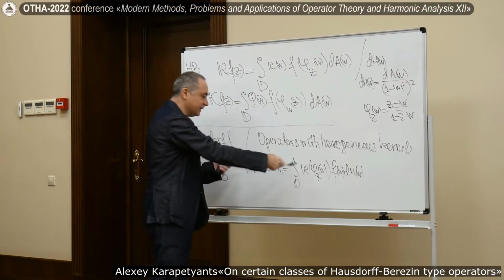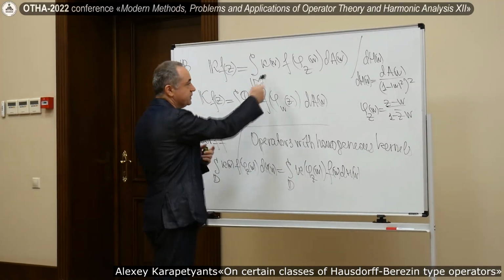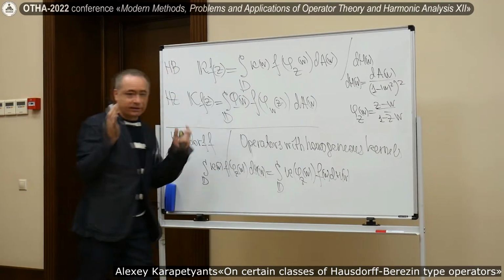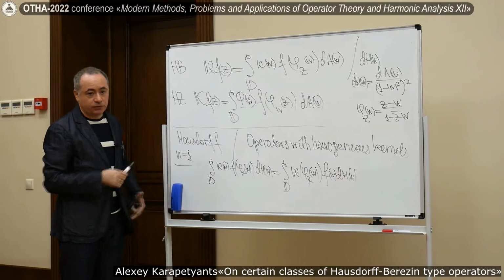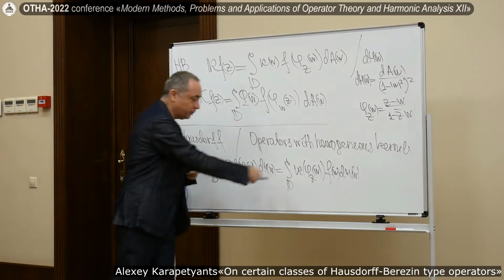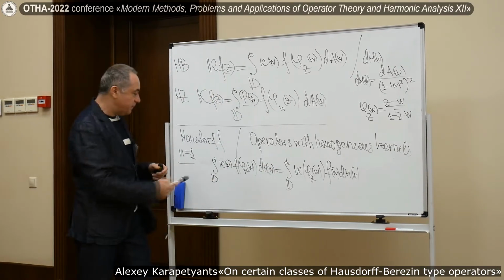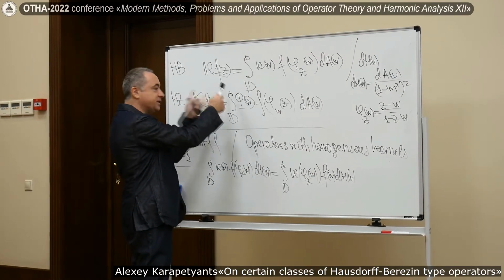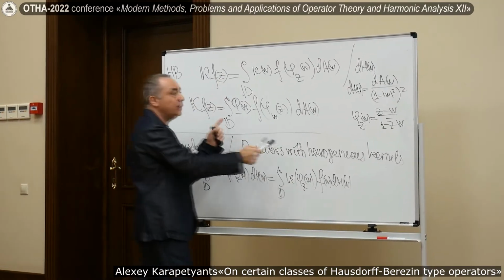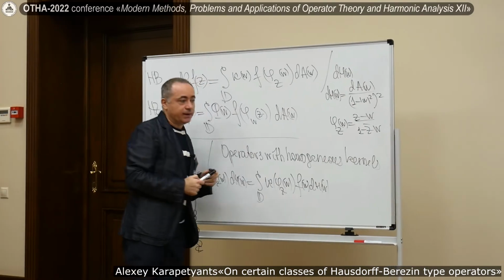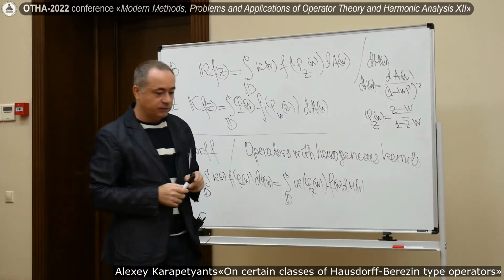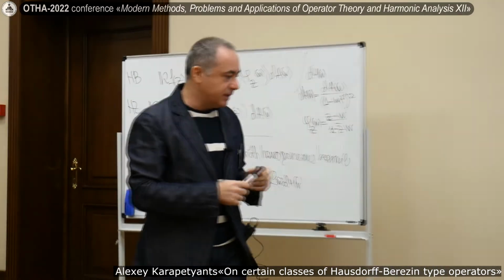Of course, you can write something similar for these operators with Lebesgue measure, but then you will have a Jacobian. You can impose some conditions on the Jacobian, but it will not be such a nice formula. Maybe this nice formula was the reason why we started to work with these operators in the first paper with the Haar measure. But still, I am sure that it's worth considering them with general types of measure.